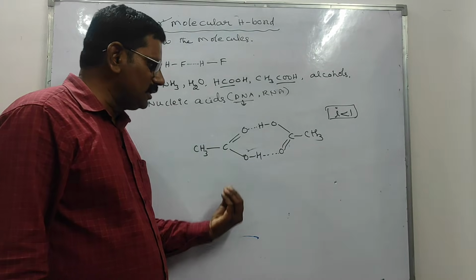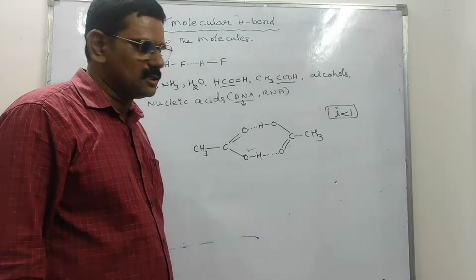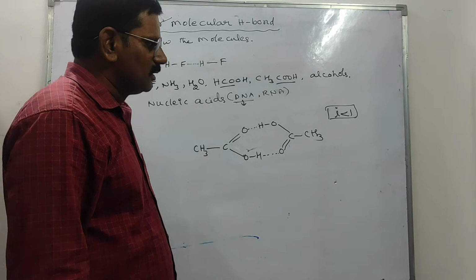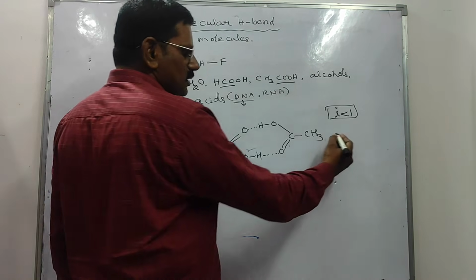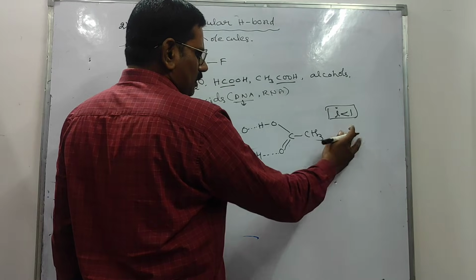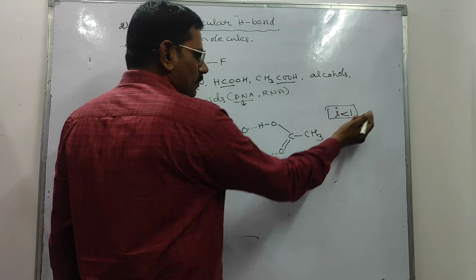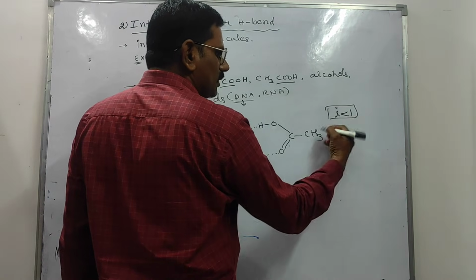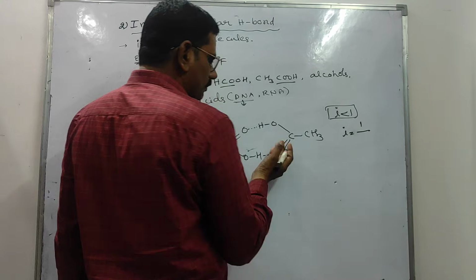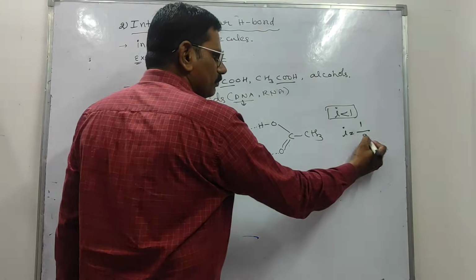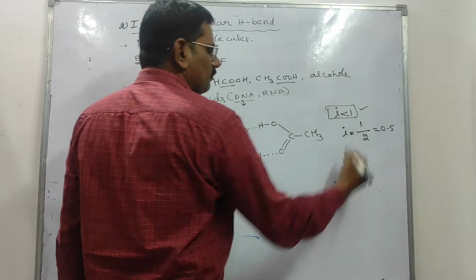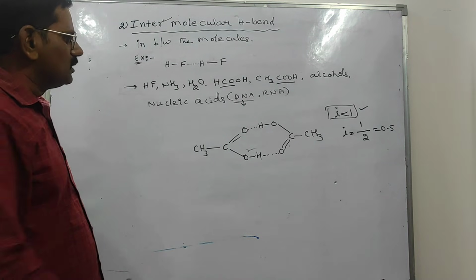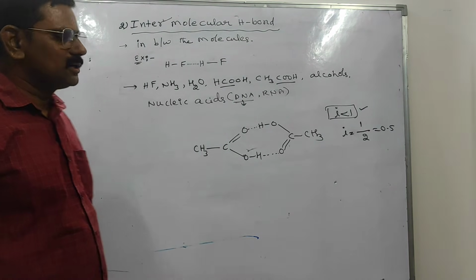Before association they are 2, after association it becomes 1. So i is 0.5, less than 1. These are the examples for intermolecular hydrogen bond.